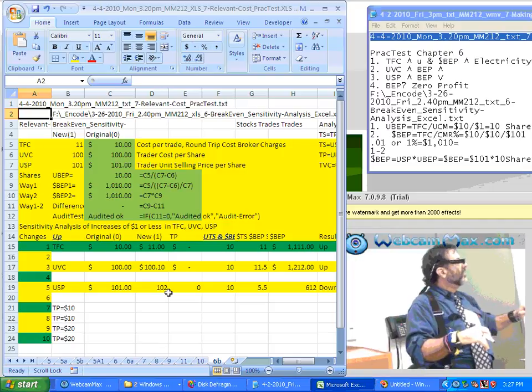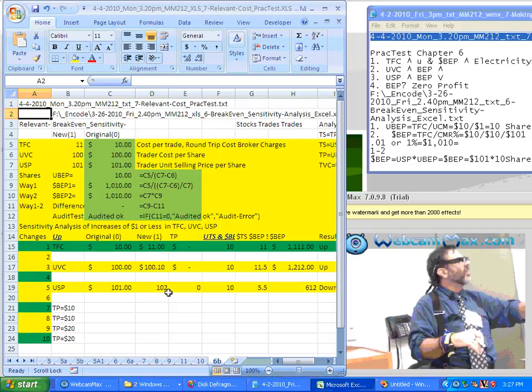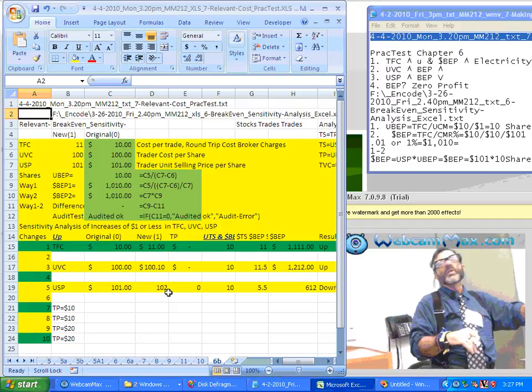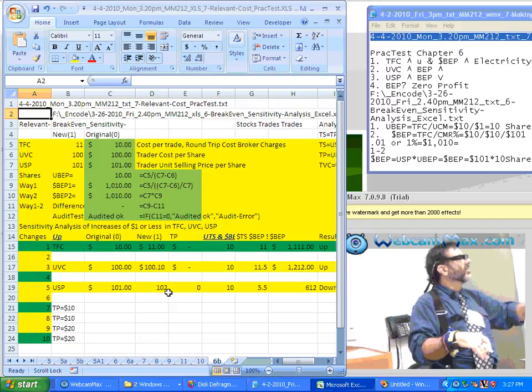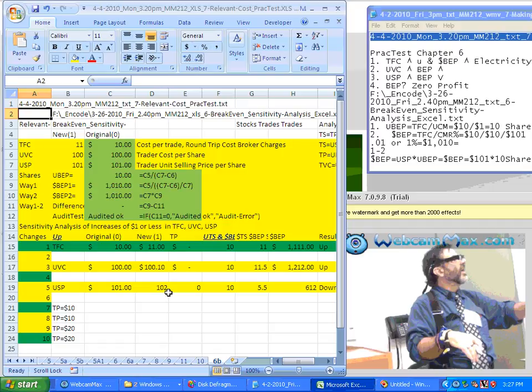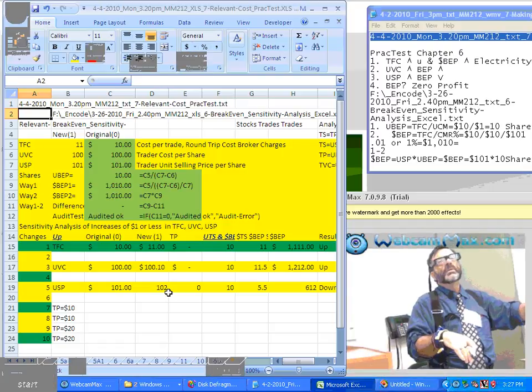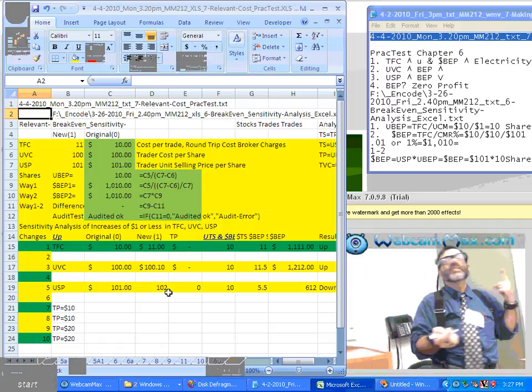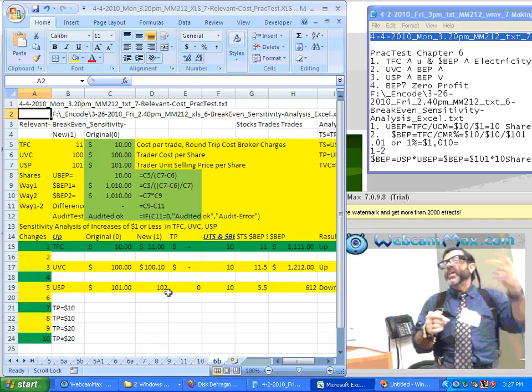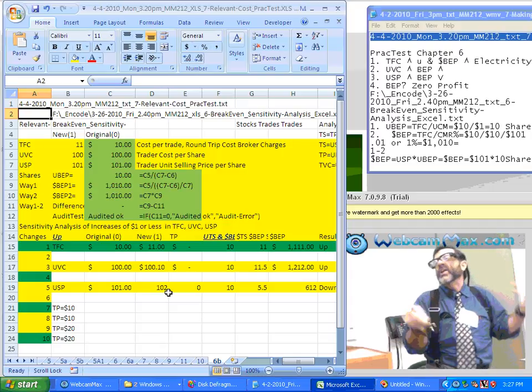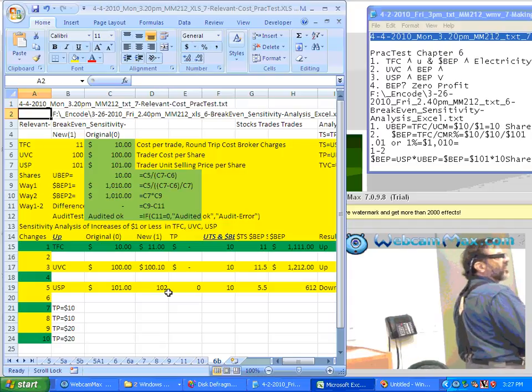Target profit, if you want to make $10 target profit, how many shares do you have to sell? More or less? And how many more? That's right, because he makes $1 per share. So $10 to break even and $10 more to make the $10. So it's a total of 20 shares.